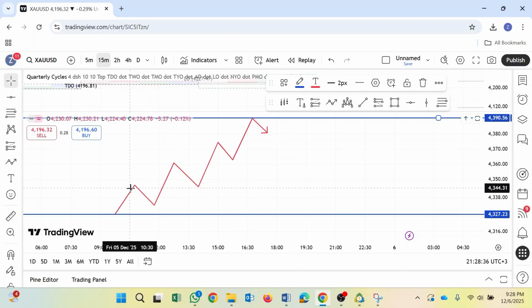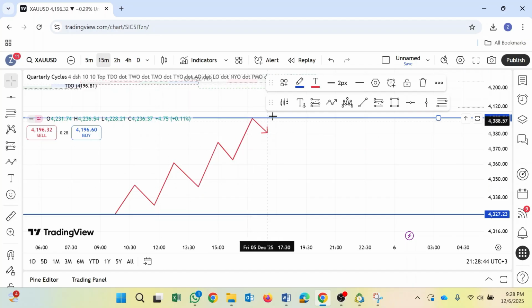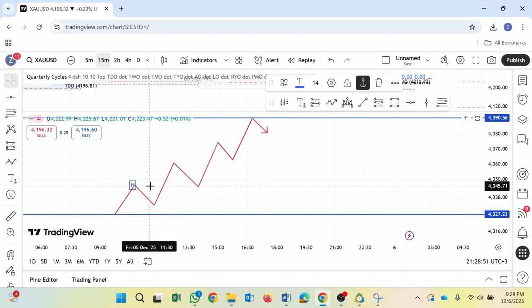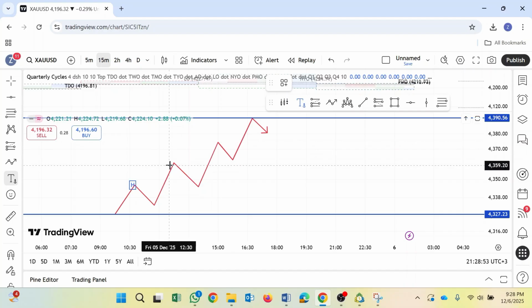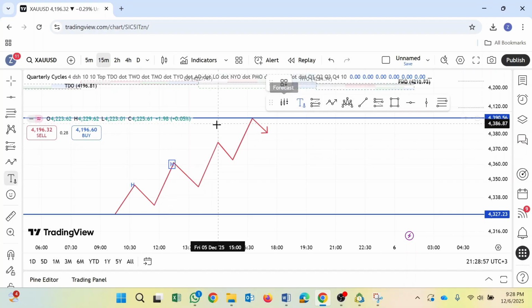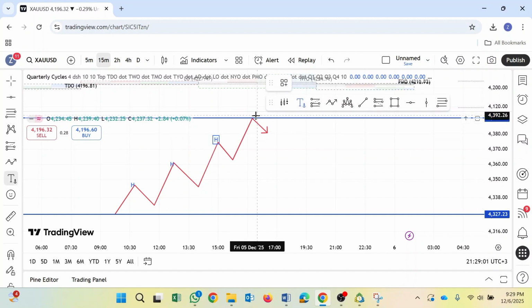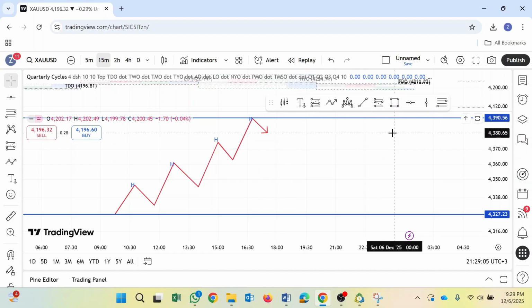Now, these areas, the peaks of my drawing here, I will call them the highs. So let me take my text here and call this a high, an H for a high, and this another H for another high, and here another H for another high, and another H up here for the highest high.